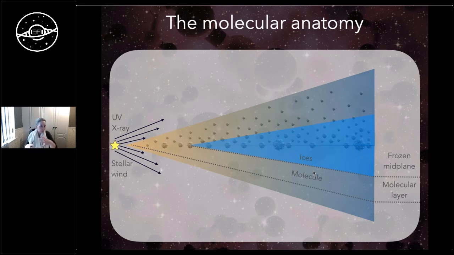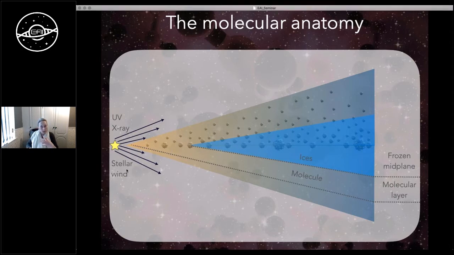And this is a layer that's usually moderately warm, between 20 to 50, 60 Kelvin, where we have quite a rich gas phase chemistry. And that rich gas phase chemistry can be driven by ion molecule processes that are also triggered by penetration of radiation from the central star. And that radiation from the star can also ionize and atomize the upper layers as well. So this tends to be what we call the disk surface.